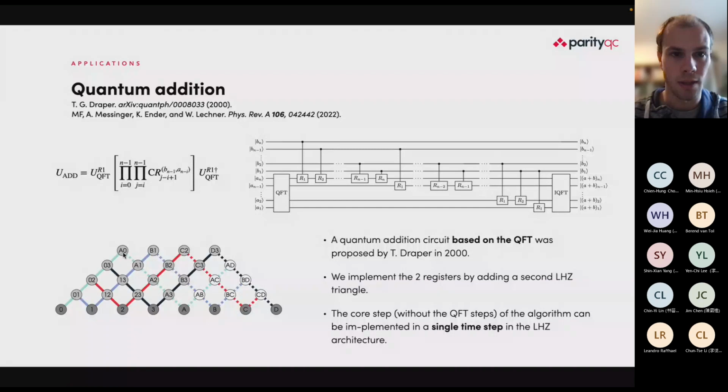With that, we can implement all this middle part in between the quantum Fourier transforms in a single time step, because all these conditional rotations transform to single qubit operations. Usually this has logarithmic depth, and we do it in a single time step. Together with these quantum Fourier transformation steps, we end up in linear depth again.